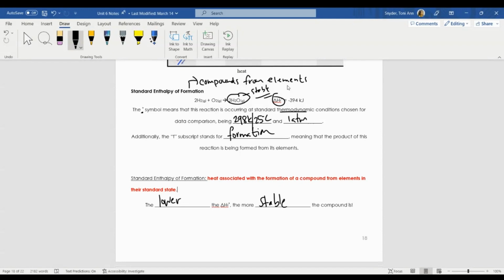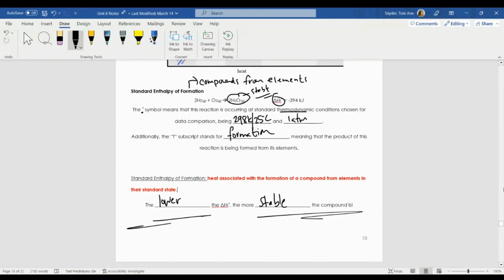So the more energy that a compound releases when it's formed, the more stable it is. Endothermic reactions typically don't want to occur because they need to absorb heat from the surroundings. It's much easier for reactions to release heat in the process. So the lower the heat of formation, the more stable the compound is.